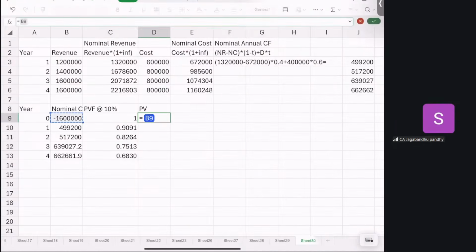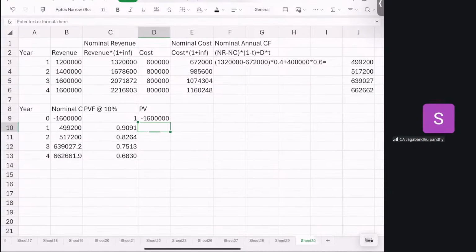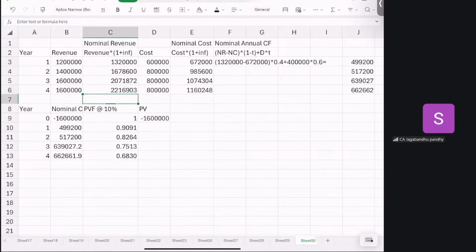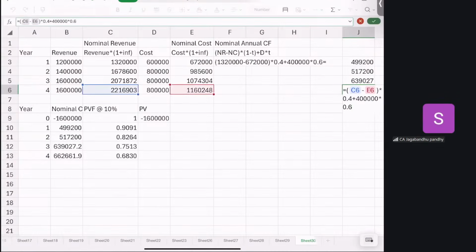And Sir, then my present value, the nominal annual cash flow is not matching for which one? Last year, fourth year. Revenue and cost is matched. Both are matched. Let me check, recalculate. I think I had done some mistake here. Just check. Because I think I applied formula here, so there shouldn't be any error creeping in the calculation.